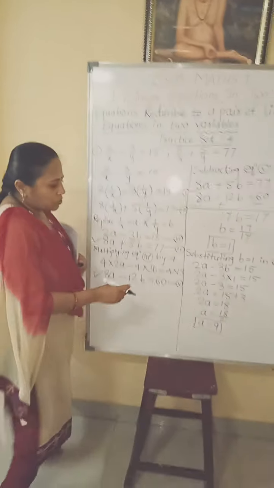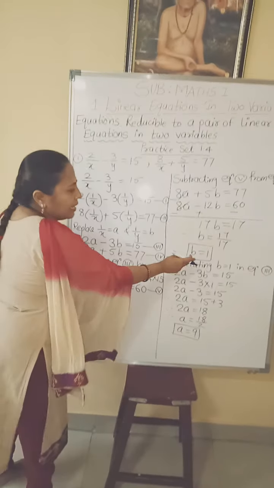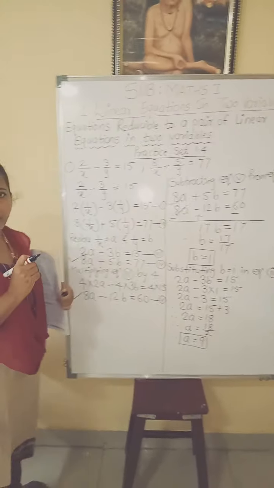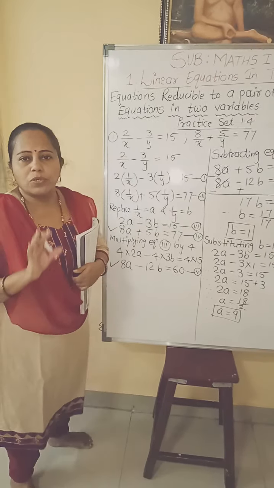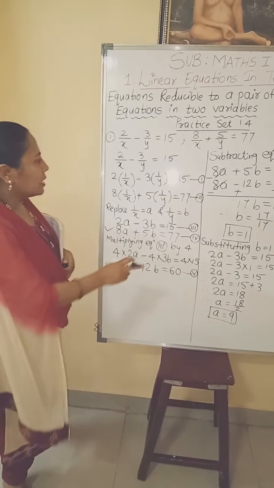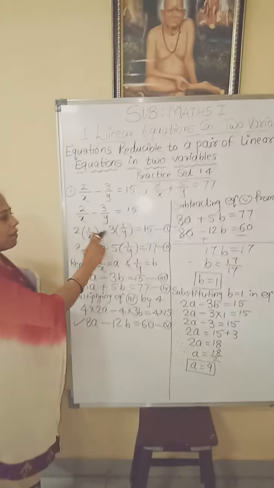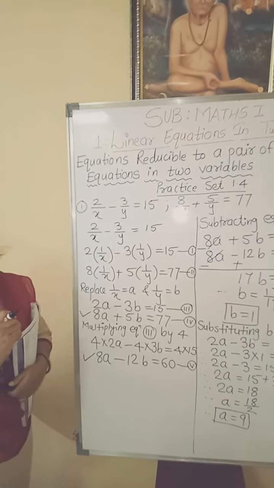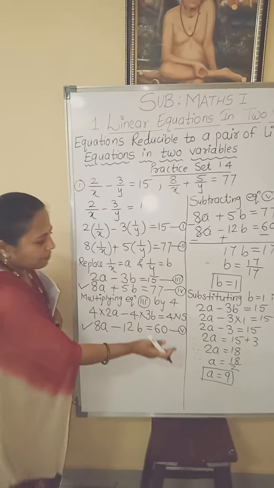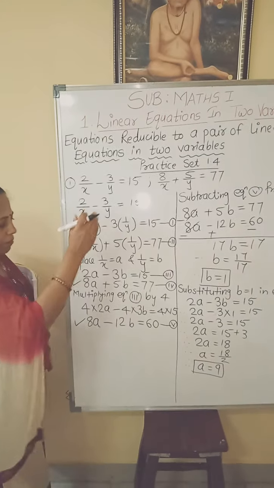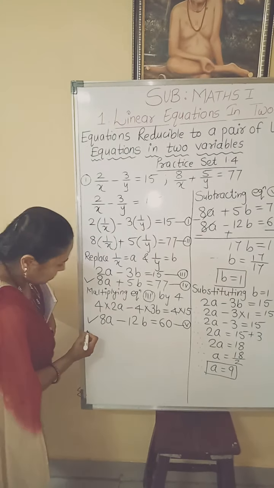Okay. So students, here we got a equal to 9, b equal to 1. But this is not the solution of our equations, because in the original equations we have x and y variables. So what will we do? We will resubstitute the values of a and b.